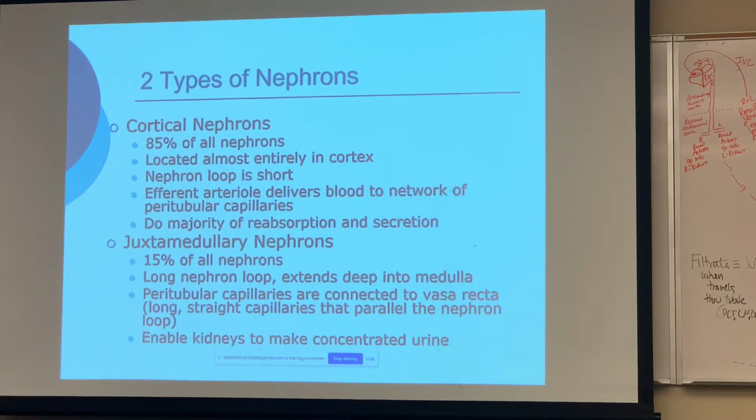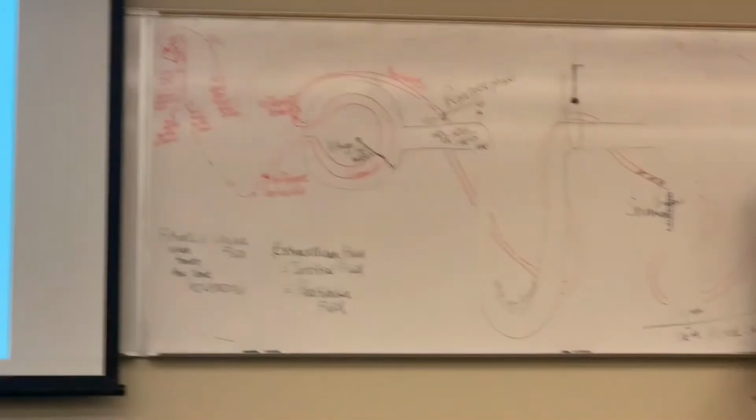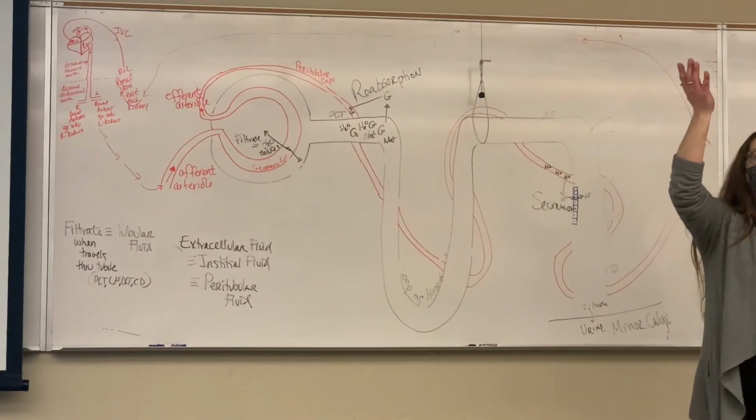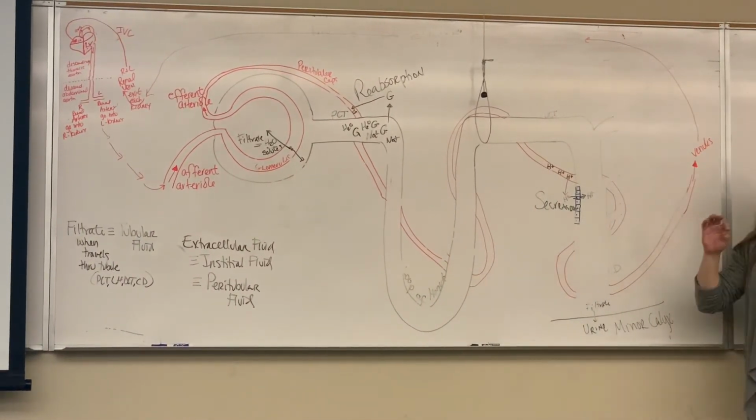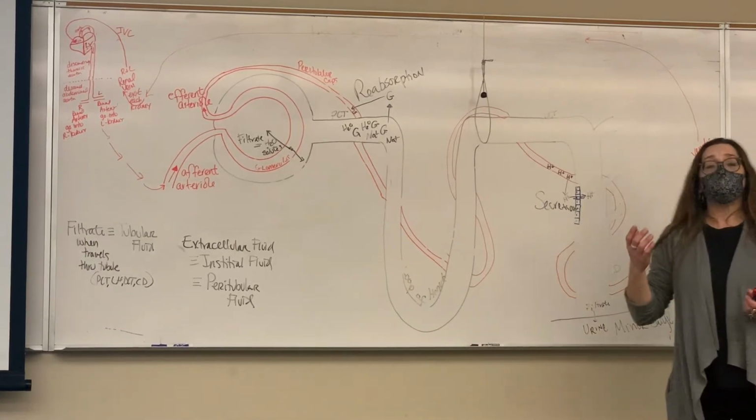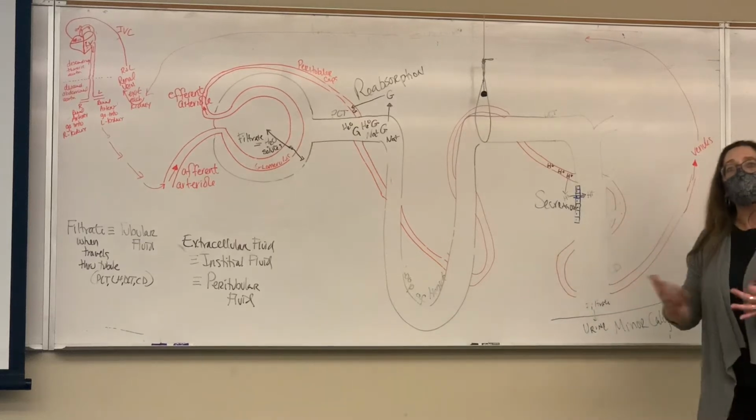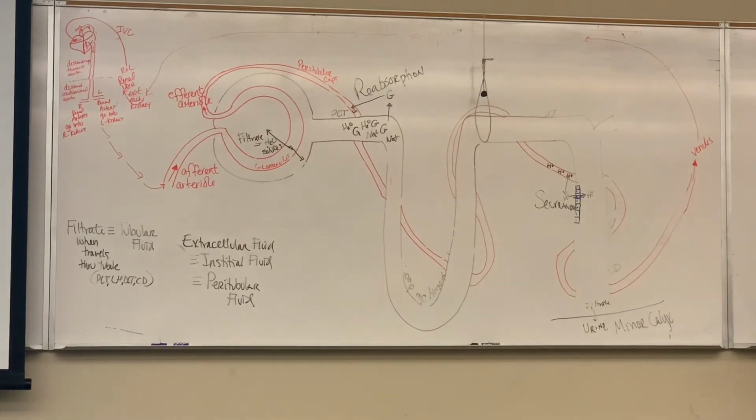If we didn't reabsorb enough water, our urine output would be really high and our blood volume would become very low. And that could start to influence our blood pressure. Okay, so that's the first thing. It would also make us too dehydrated. We would not want to lose too much water because we would start to get dehydrated.